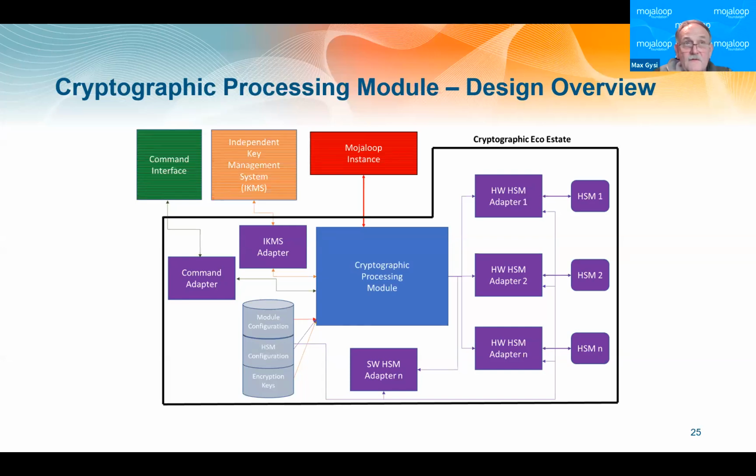And even once we've gone into production, there might be some smaller Mojaloop instances where it might not actually be cost effective to put in a hardware solution, especially if they're only doing certain transactions.